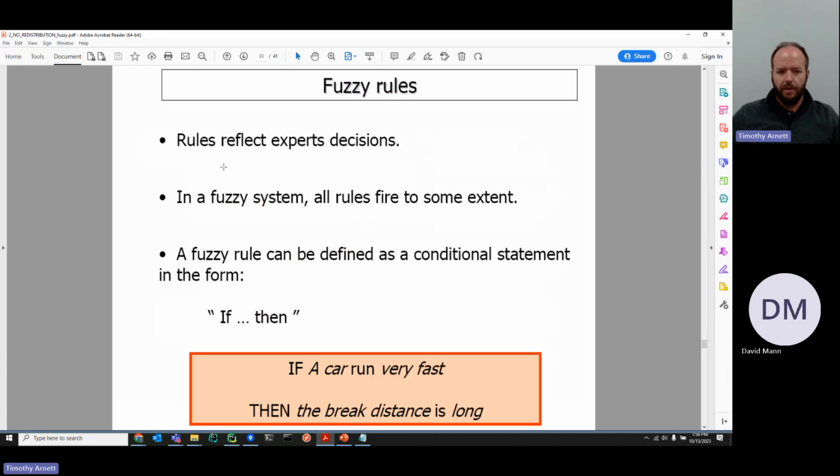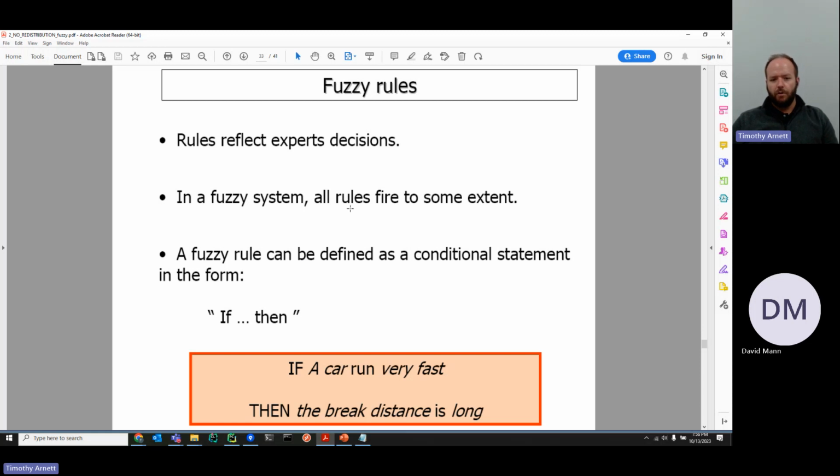So these rules that determine the input-output relationships reflect expert decisions. I should say it refers to those expert decisions if you're encoding expert knowledge, obviously. Well, if these came out of something like a machine learning process, obviously they wouldn't. But regardless, it doesn't matter. These are rules that are associating inputs to outputs.